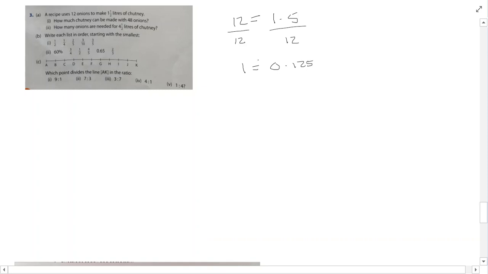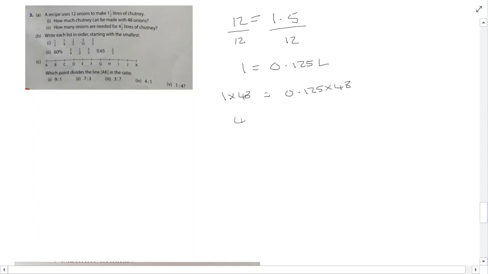So what we want to find out is what 48 onions will give us. If one onion gives us 0.125 litres, what will 48 onions give? How do we change this 1 to 48? We multiply it by 48. So if we multiply this side by 48, we have to multiply this side by 48.